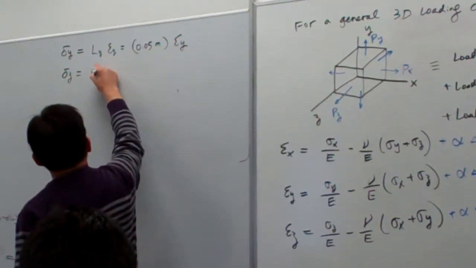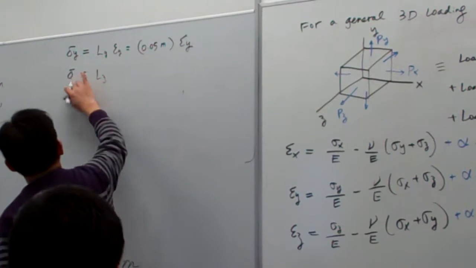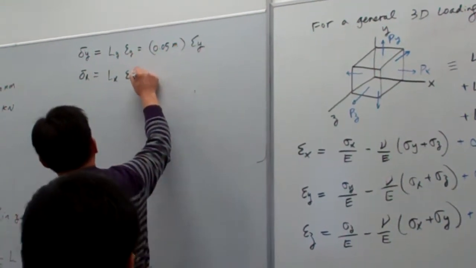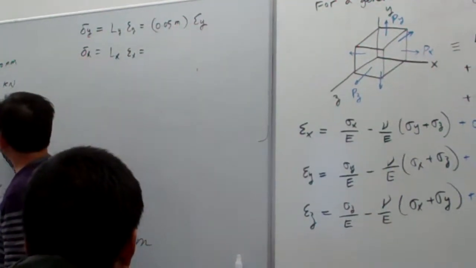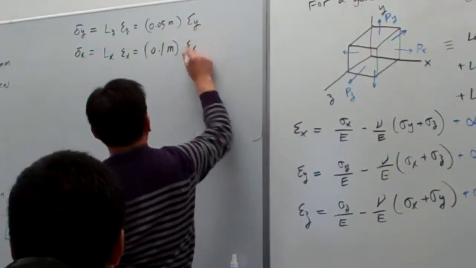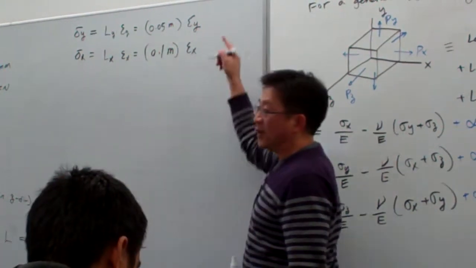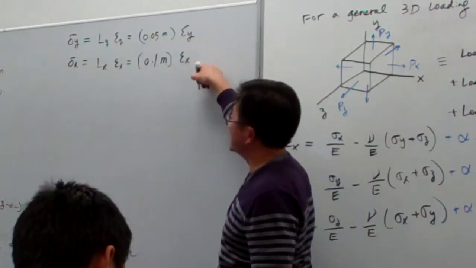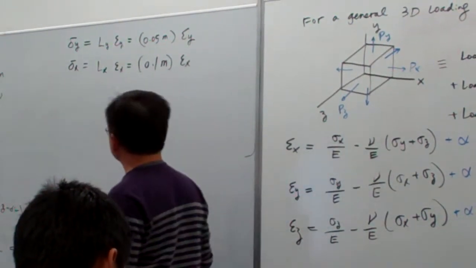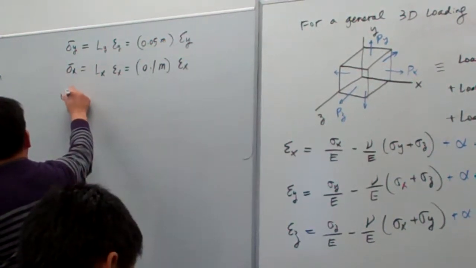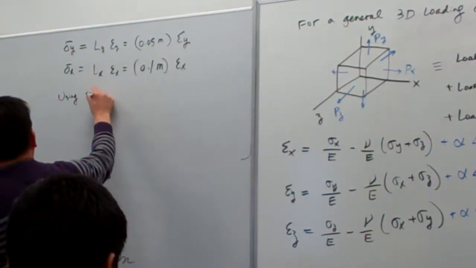And the dimension in the x direction is 100 millimeters, 0.1 meter, times epsilon x. As long as we know the strain in the x and y directions, we solve this problem. And how do we get them? Using the Poisson ratio.